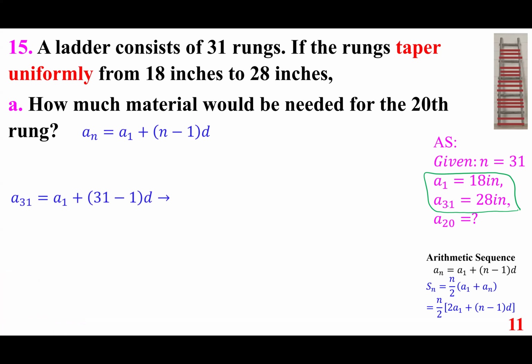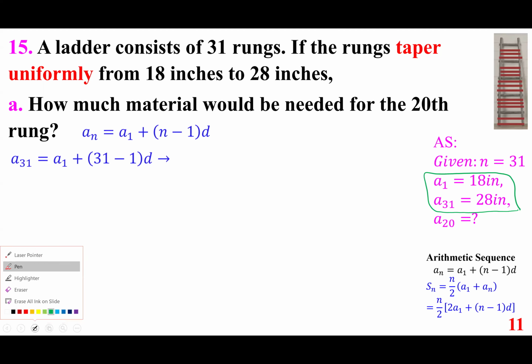So a sub 31 is a sub 1 plus n minus 1, 31 minus 1 d. And a sub 31 is 28. A sub 1 is 18. 31 minus 1 is 30 d.